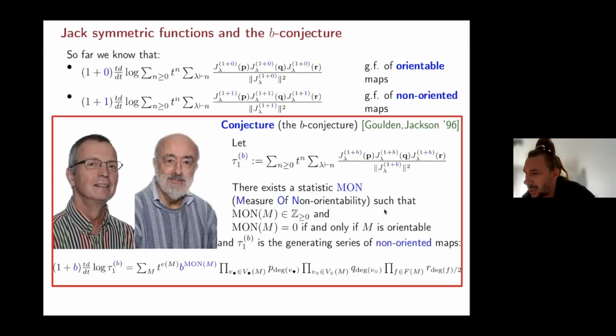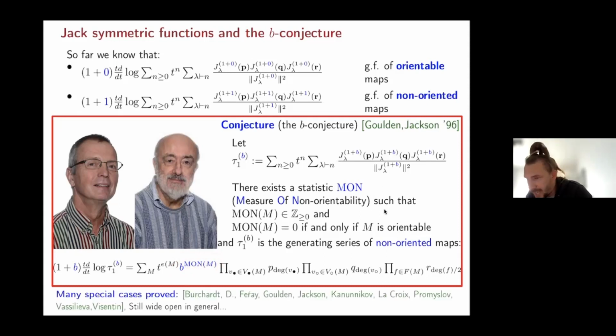It gives you 0 if and only if your map is orientable, so you don't see this b for orientable maps. Whenever your map is non-orientable, there is b to some mysterious power. As I said, this is still wide open, and many special cases are proved, but the conjecture is open.